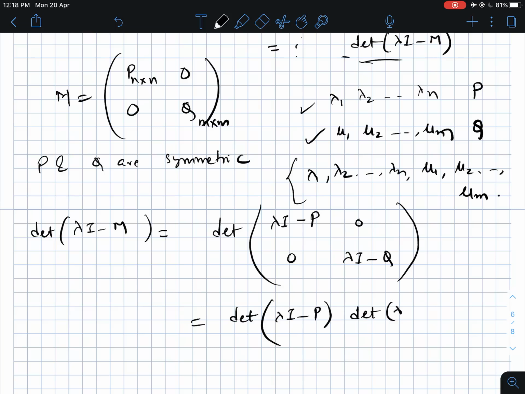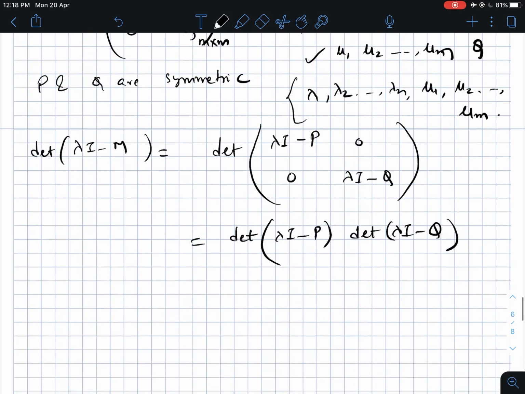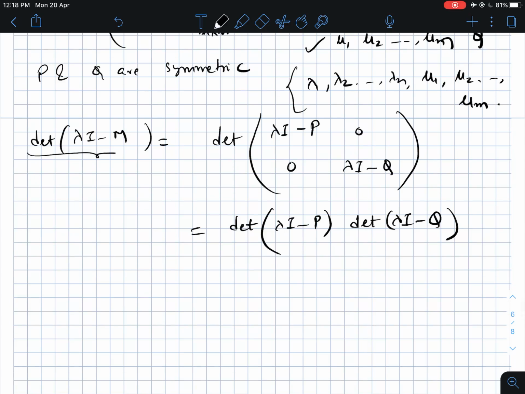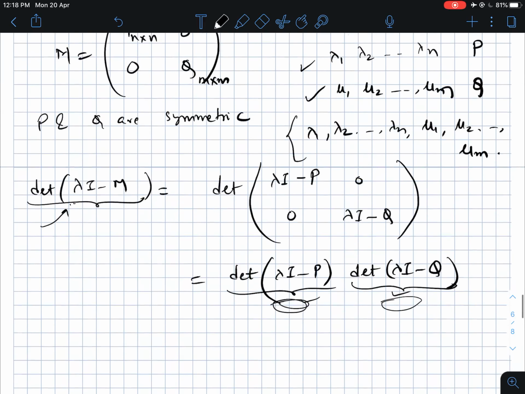So you get the determinant of lambda I minus P times the determinant of lambda I minus Q. So the characteristic polynomial of the block diagonal matrix is a product of the characteristic polynomials. That means the roots are going to be a union of the roots of these two. You take the union of those two sets, and that will give you the roots of this matrix.